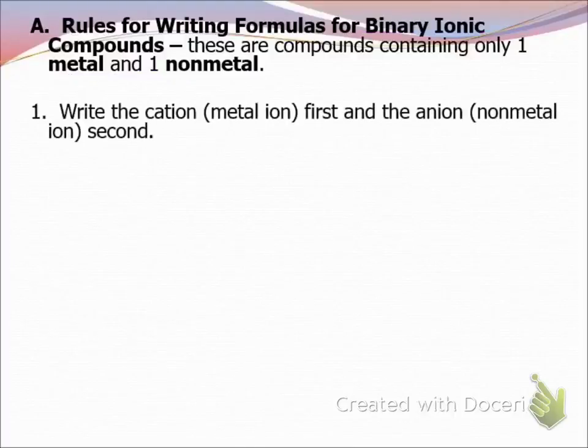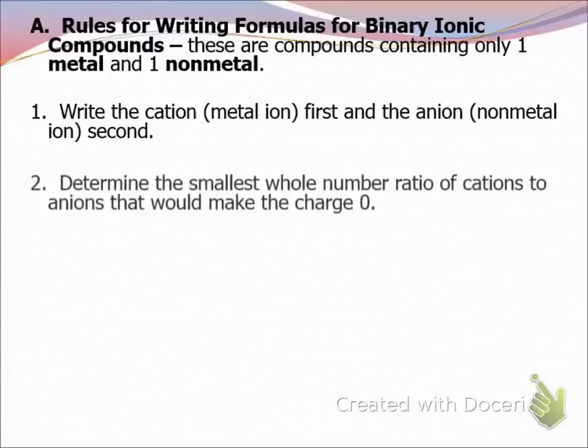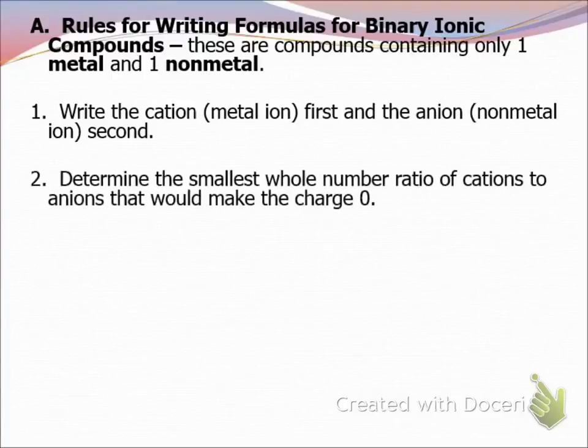Steps to this: the cation, which is positive, always comes first, and the anion, the nonmetal, is always second. Second, you're going to determine the smallest whole number ratio of cations to anions that would make the charge equal 0. Because remember, they're electrostatically attracted, but they're neutral when they're together.